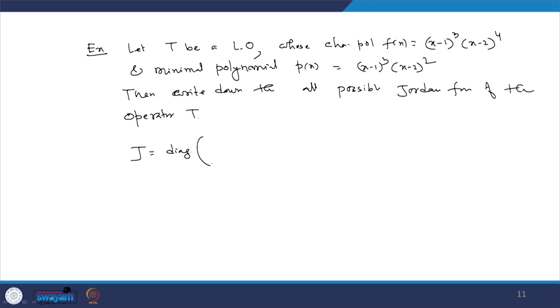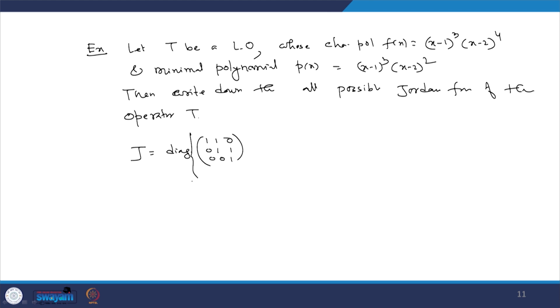First, since the minimal polynomial is p(x) with (x minus 1) to the power 3, and in the characteristic polynomial also there is (x minus 1) to the power 3, the first block will be a Jordan block for lambda equal to 1: 1 1 0, 0 1 1, 0 0 1.